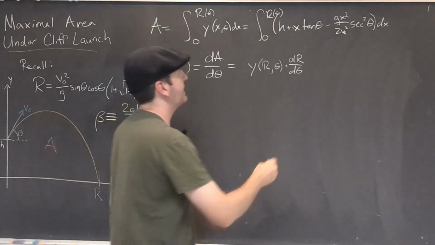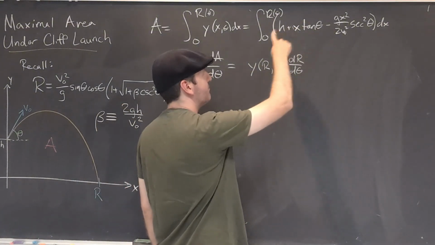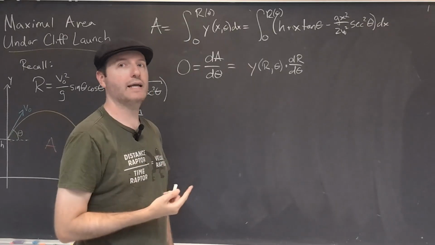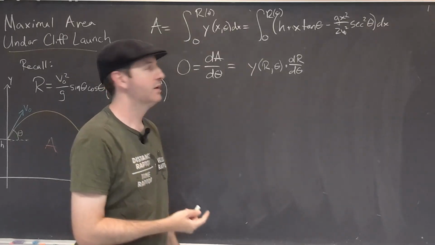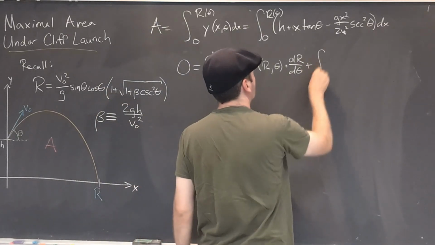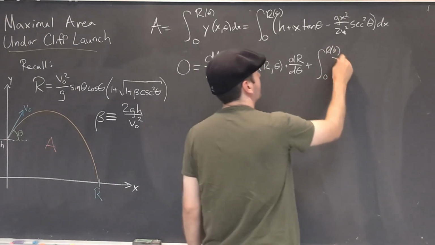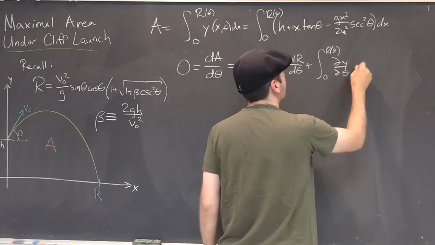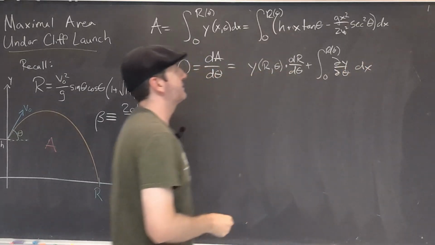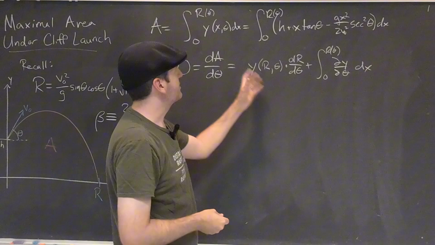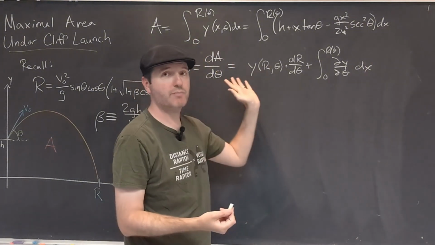Then, however, I need to worry about the fact that there is a dependence on my integrand of theta. So I'm going to add to this the integral of dy d theta dx. Okay, so this derivative is going to hit two different pieces.